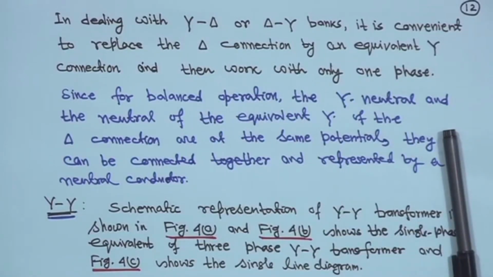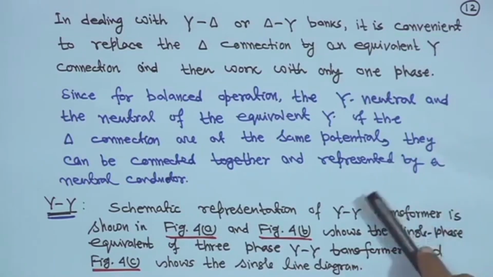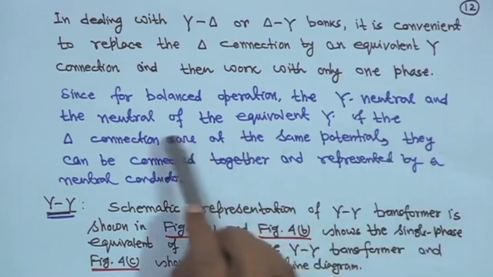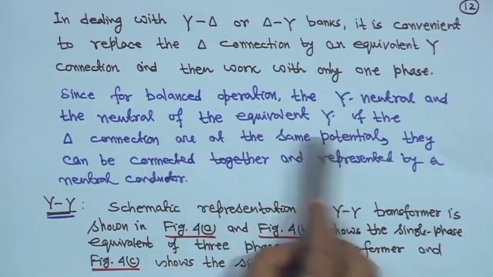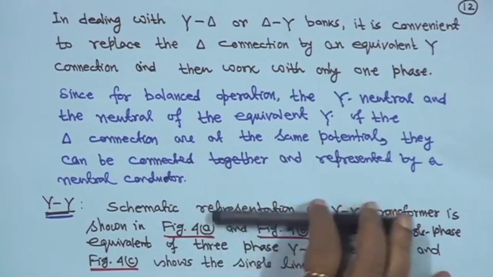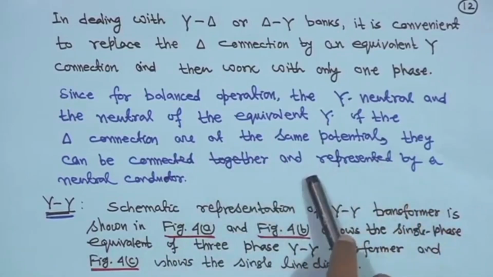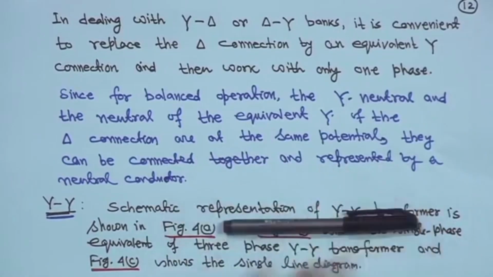Later we will see that when it is a star delta transformer, the delta can be represented by an equivalent star connection, and then we will work only with one phase. Since for balanced operation, the star neutral and the neutral of the equivalent star of the delta connection are at the same potential, they can be connected together and represented by a neutral conductor.